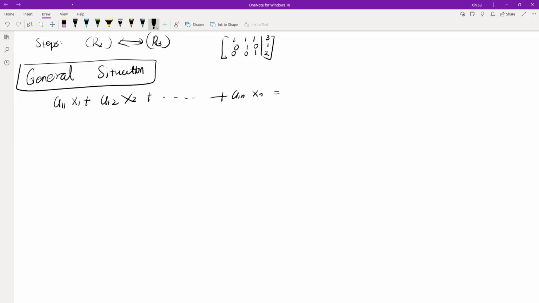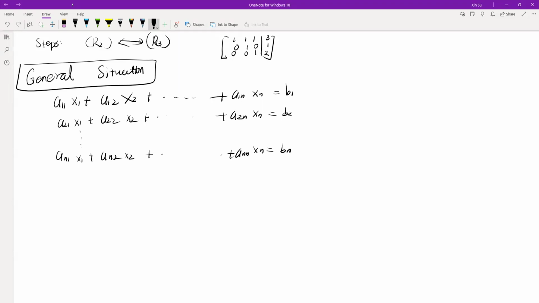You notice that in example 1, we just have a 3 by 3 matrix, but now we have an n by n matrix. This is the first equation. Then A21x1, A22x2, plus all the way to A2n xn equals B2. And we have an equation here, An1x1, An2x2, plus all the way to Ann xn equals Bn.